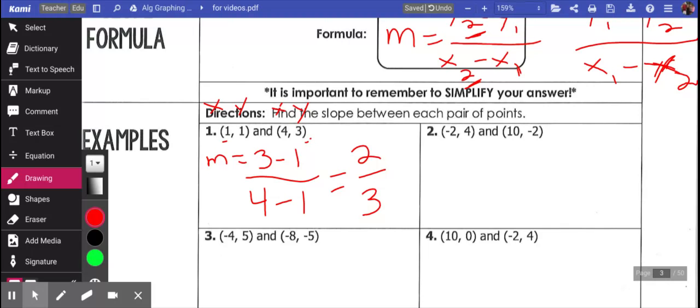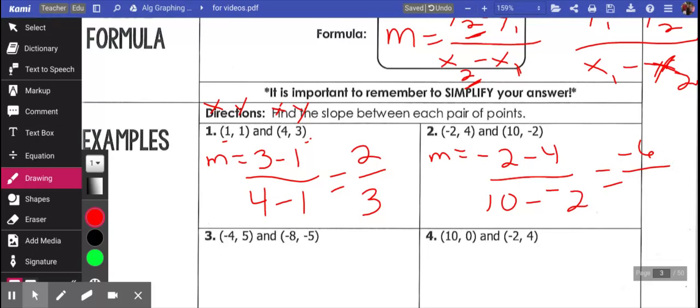Okay, the next one, slope is -2 minus 4. There's my y's. And since I started with -2, then I have to do 10 minus, and make sure you do -2. And this would be a great time to not use your calculator and to practice your basic facts. So on the top, we have -6. And on the bottom, add the opposite, and we have 12.